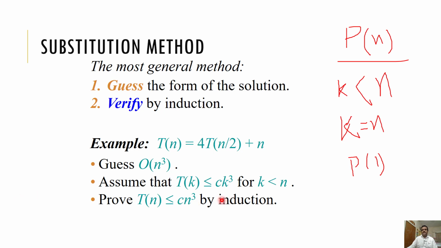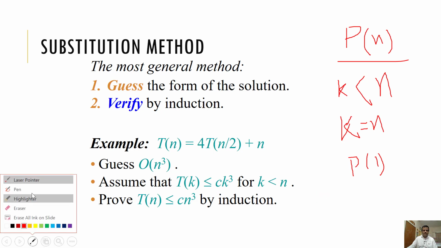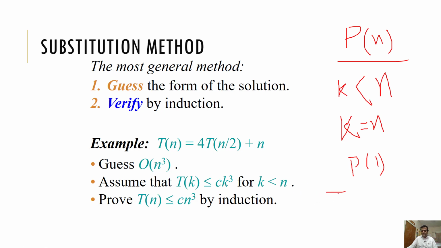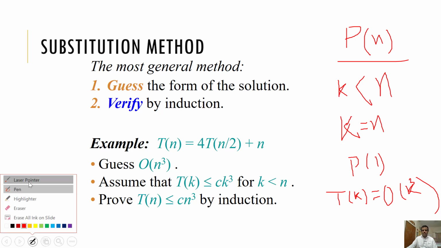For that we assume that this is true for up to n. Big O of n cube means it is less than or equal to some constant times n cube. So T(k) is basically big O of k cube, and this is true for up to n.